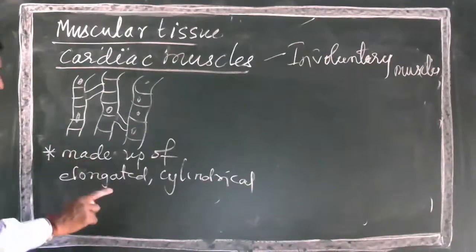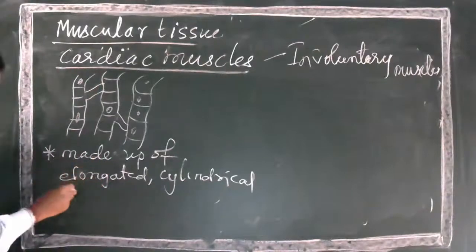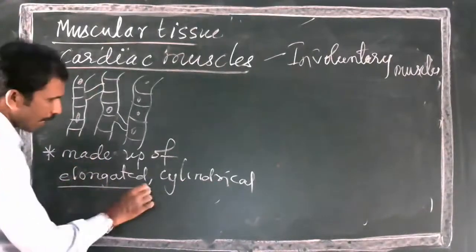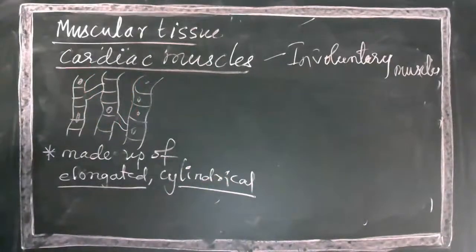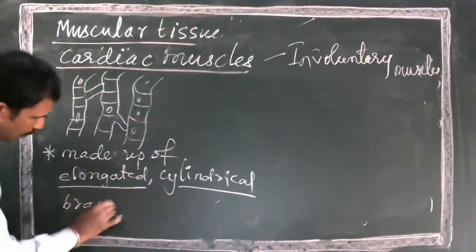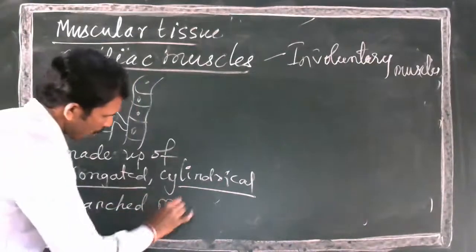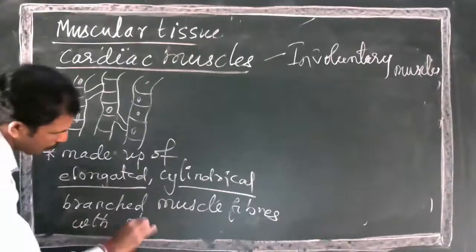I am repeating once again. Cardiac muscles are made up of elongated, cylindrical, branched muscle fibers with straps.